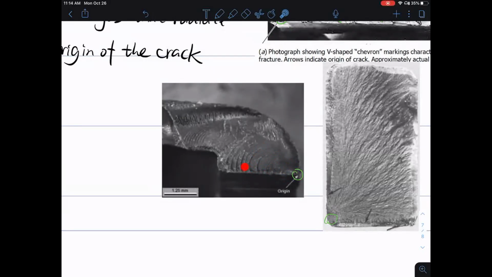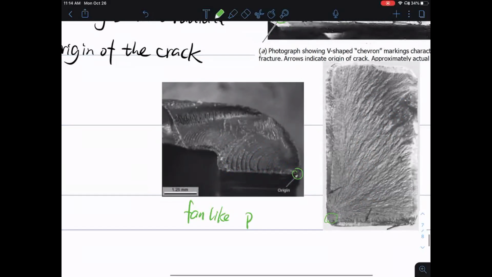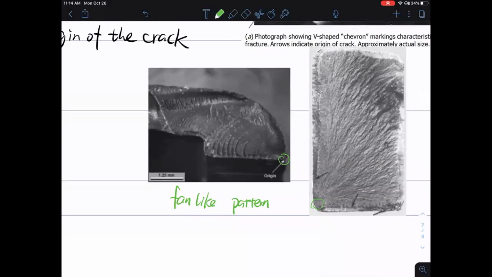It's like fan-like marks, all radiating from the origin all the way through the material. This one is fan-like. This one is lines and ridges.